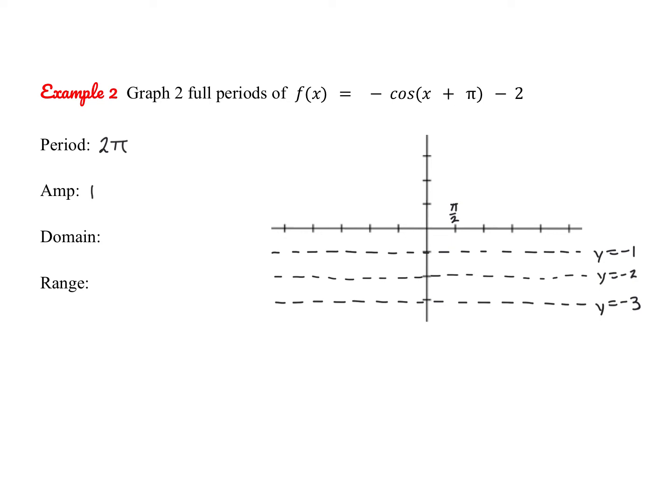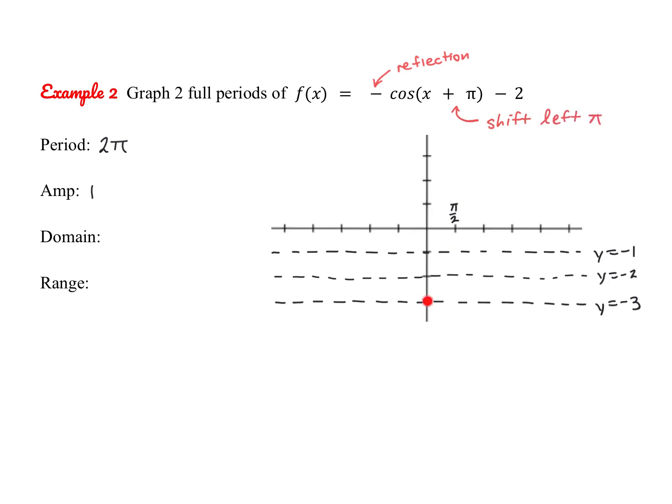Now I need to look for that starting point, and when I'm doing that, I have to take into account 2 things. I have to take into account this reflection, which means instead of starting at the top, I'm going to start at the bottom. And then I also need to take into account this phase shift, which is shifting to the left pi units.